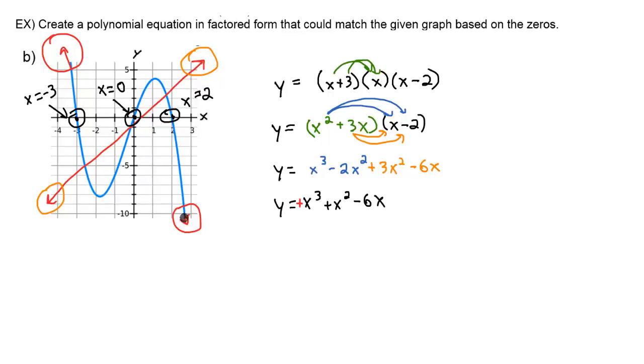But is that the same end behavior that we have going on with our original blue graph? No, it's opposite. So we have to go back to our factored form, and we have to make this negative in front. So if I rewrite this down here with the negative, this is going to be the correct factored form of the polynomial in this graph.